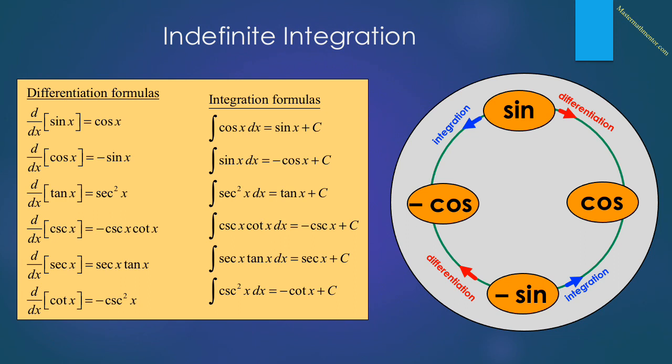The derivative of secant x is secant x tangent of x, so the integral of secant x tangent x dx is secant x plus c. And finally, the derivative of cotangent of x is negative cosecant squared of x. Therefore, the integral of cosecant squared x dx is equal to negative cotangent x plus c.